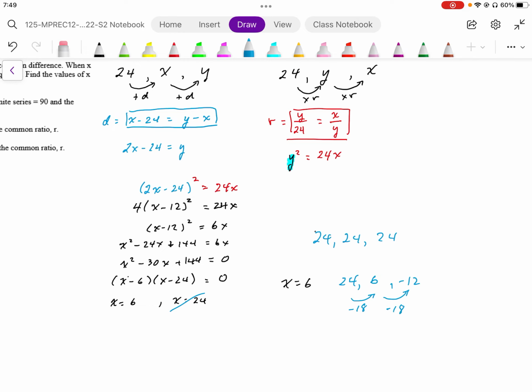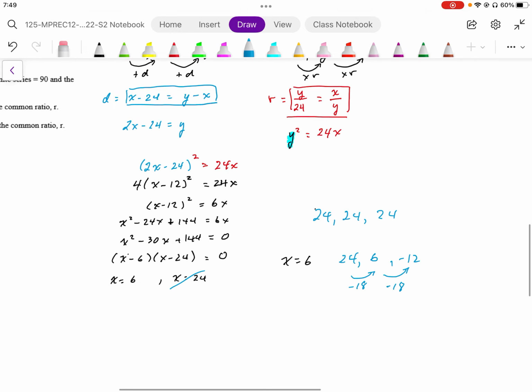And I get negative 12. And when I check it with the geometric sequence, I'm going to end up with 24, y is negative 12, x is 6. Sure enough, I have a multiplier of times negative 1/2 and times negative 1/2.